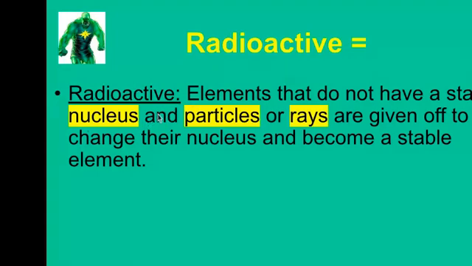So when they're unstable in that center, the nucleus, particles or rays are given off, they shoot out from that atom, to change their nucleus because they really want to be stable. Atoms hate being unstable. They're super lazy.